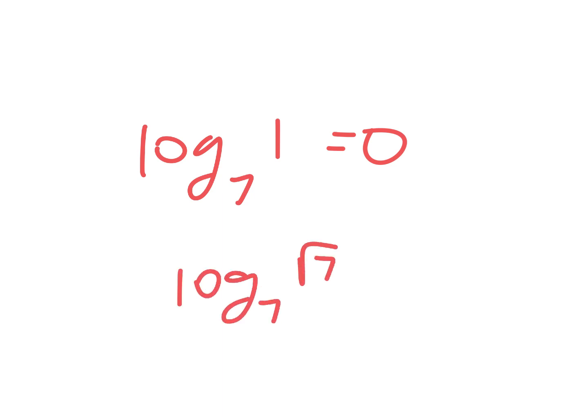All right, a few more properties. Log base 7 of 1. 0? I won the argument. And I get nothing. Okay, good. What about log base 7 of the square root of 7? Or 1, no. Think, don't say it out loud.